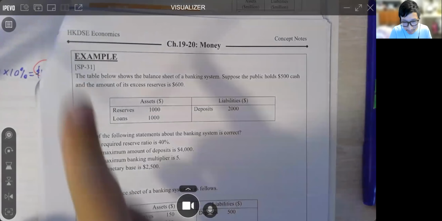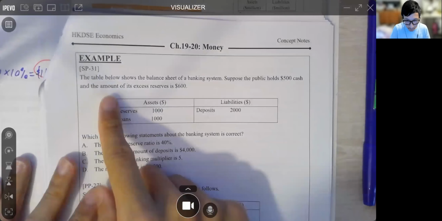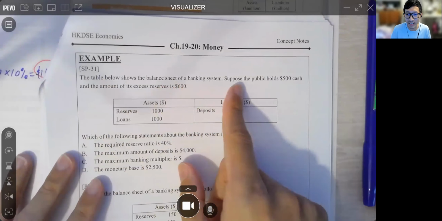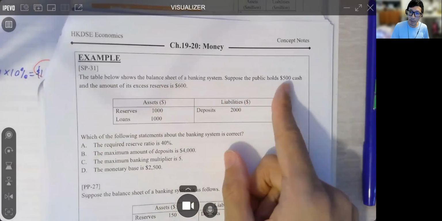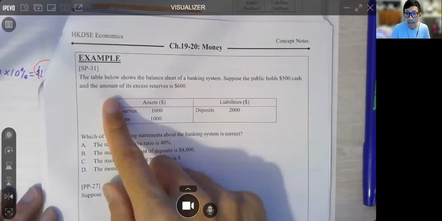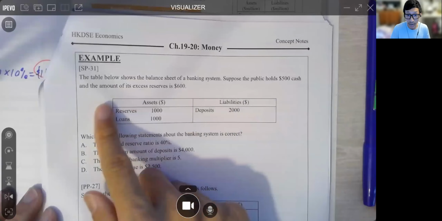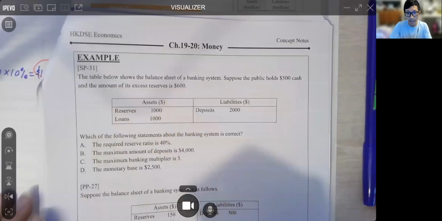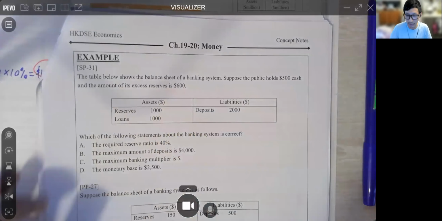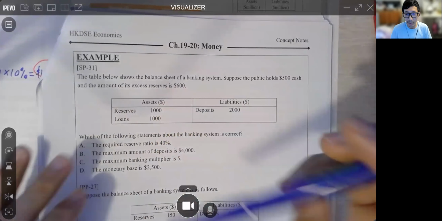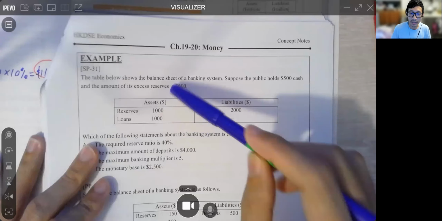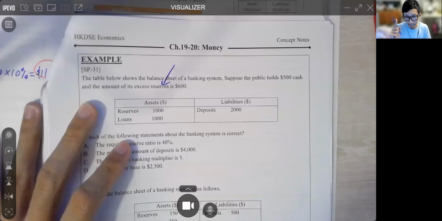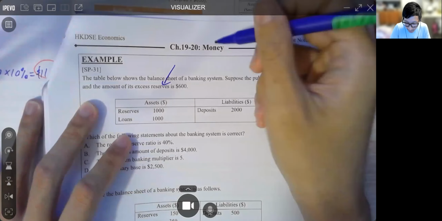Okay, now here let's look at sample paper. Table below shows the balance sheet of a banking system. Suppose the public holds 500 cash, and the amount of excess reserve is 600, right? So if we know the excess reserve is 600, 我哋做咗一樣嘢先.